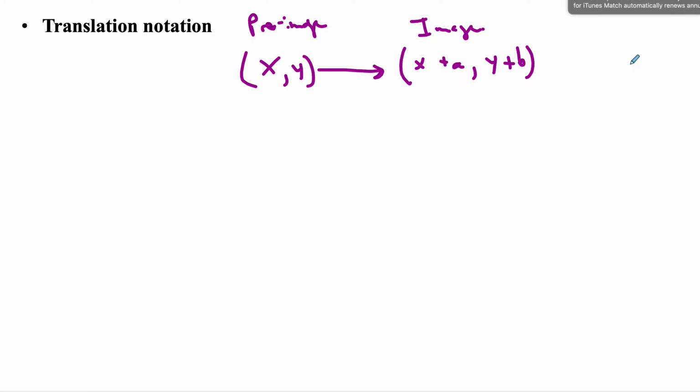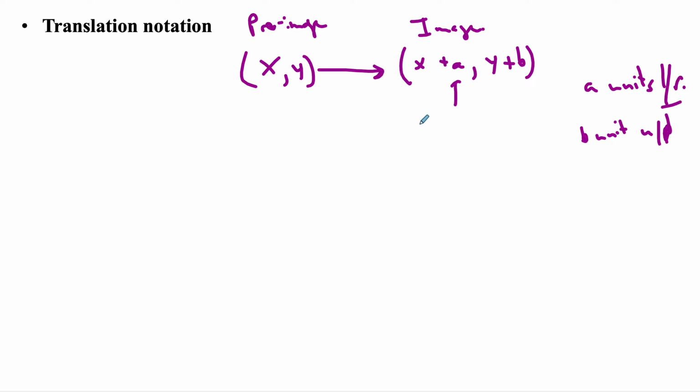Now specifically, this would mean we're moving a units left or right, and b units up or down, right? So this would indicate the left or right, and this would indicate the up or down.